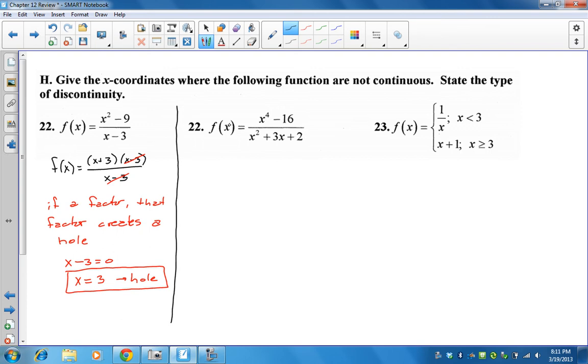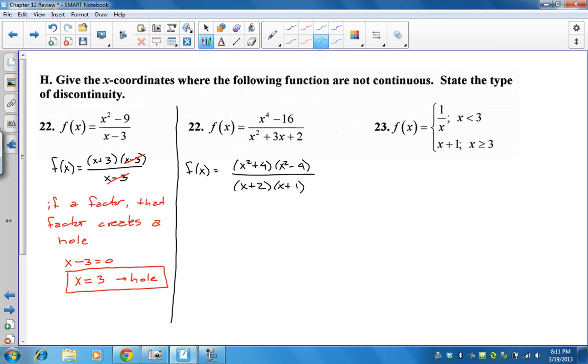22 the second. Again, we're going to factor. My top is a difference of squares, and we're going to start by factoring that into x squared plus 4 and x squared minus 4. The bottom factors to x plus 2, x plus 1.